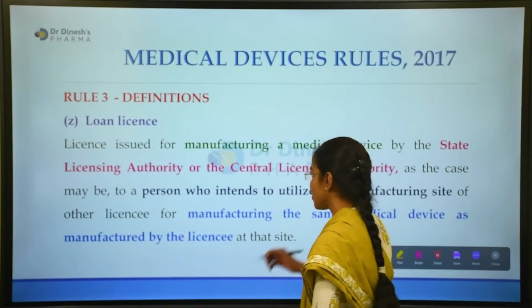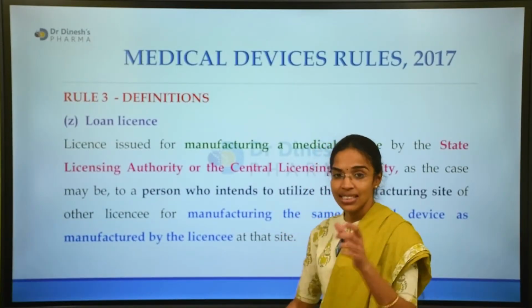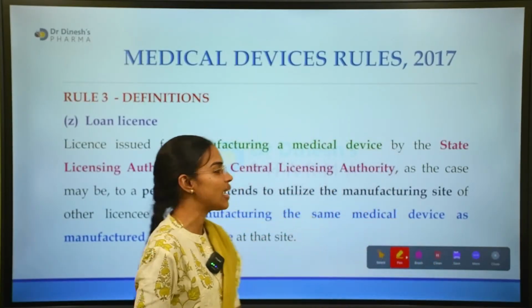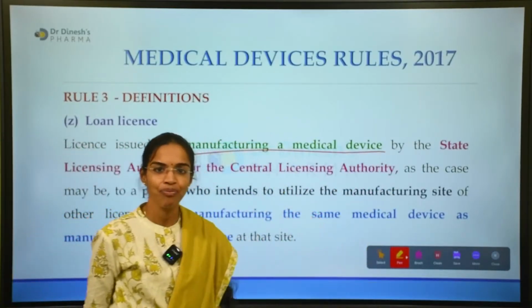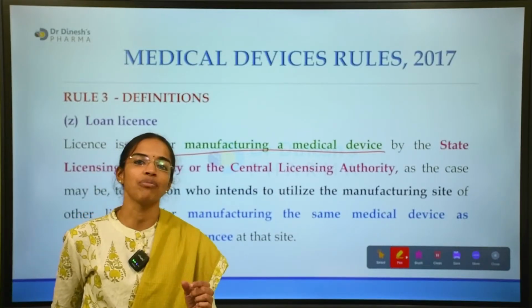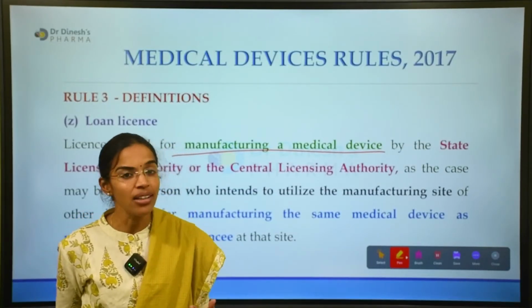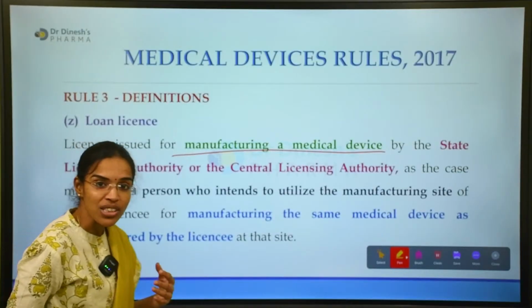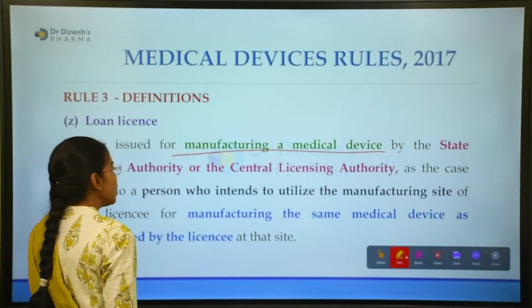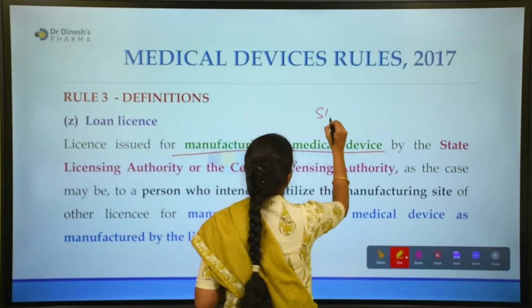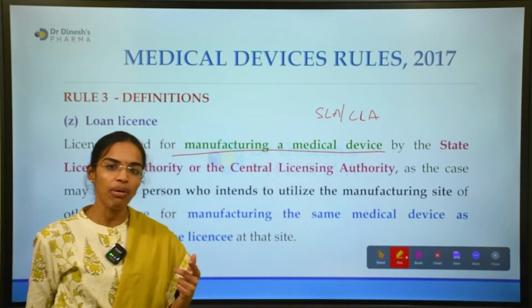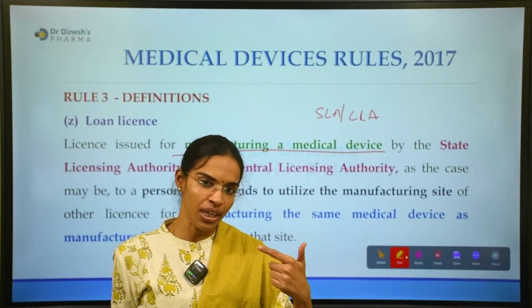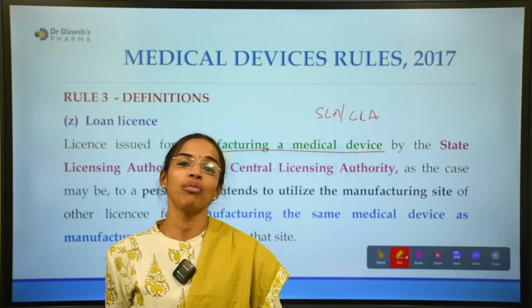What is a loan license? It is also a kind of license which is issued for manufacturing a medical device. A loan license is issued or granted for the manufacture of a medical device by the SLA or CLA. It may be by SLA or by CLA according to the form in which it is prescribed.